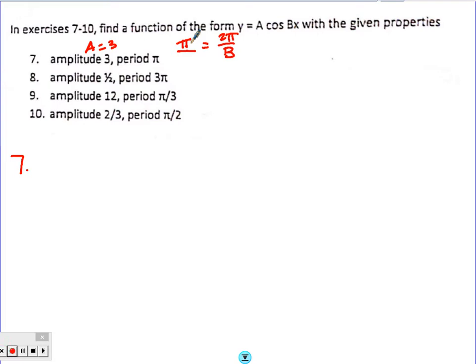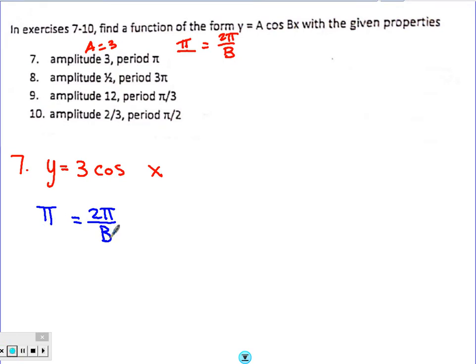All right, this is interesting. Okay. So I know it's going to be y equals 3 cosine something x. I have to figure out what b is, though. So I know that my period is pi. Normally it's 2 pi, but I divided 2 pi by b in order to get pi. If my period is pi, I must have divided by 2.